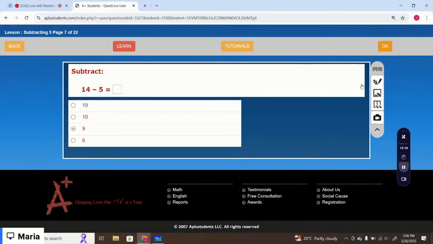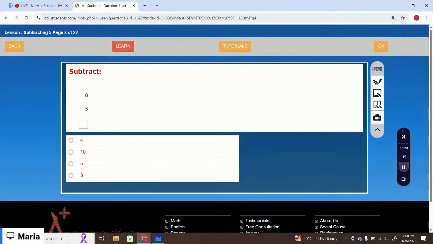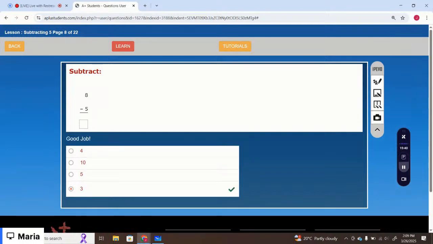Option number 3 is the correct option. 8 take away 5. 8 take away 5 is 3. The last option is the correct one.